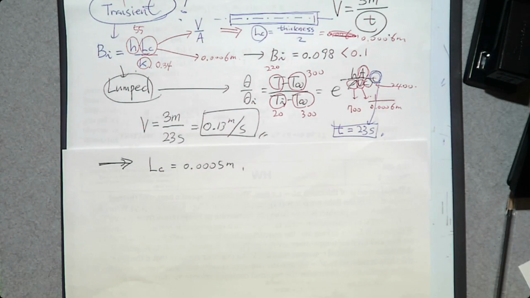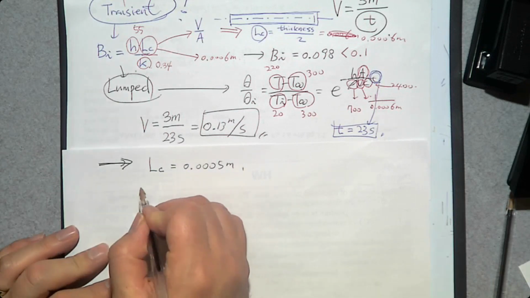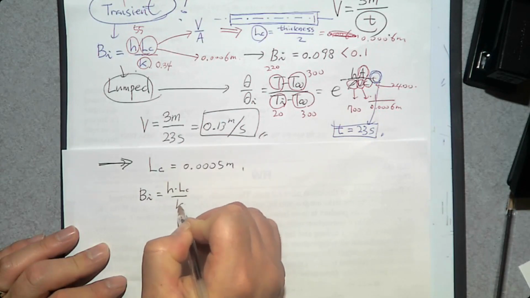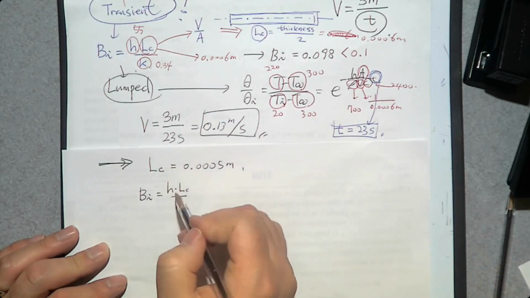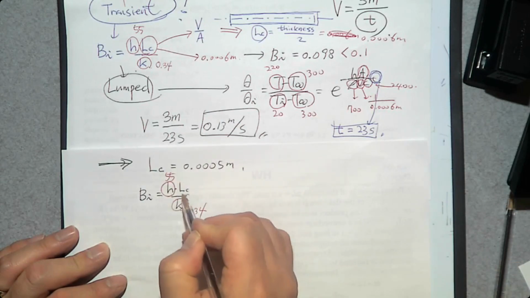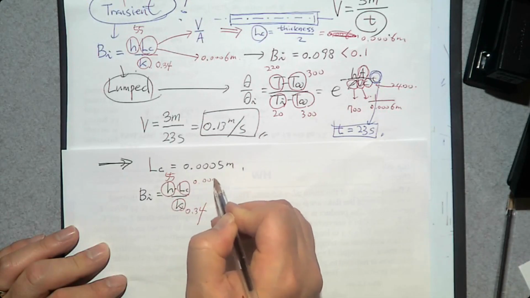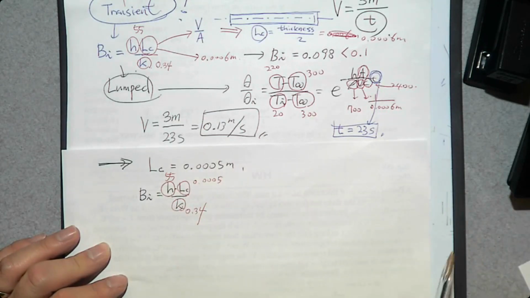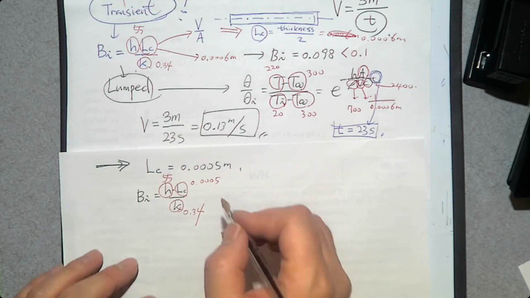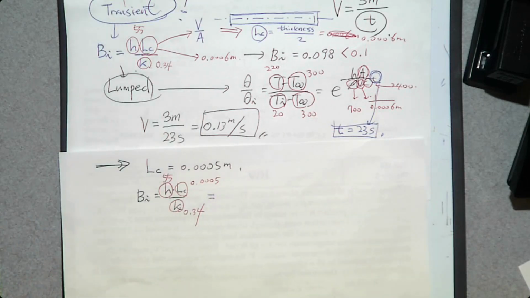When you change this property, you need to recalculate the Biot number to make sure that it is still a lumped system. The Biot number can be determined by h times Lc over thermal conductivity. h is 55, thermal conductivity is 0.34, and Lc is 0.0005.